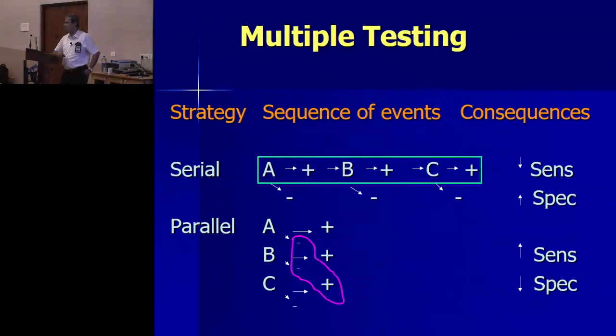And for something like tuberculosis, I'm sure you can think of examples in your own field. So this strategy would increase sensitivity, but you're going to lose on specificity. So again, which strategy you're going to use will depend on the disease condition and also the treatments that are available.